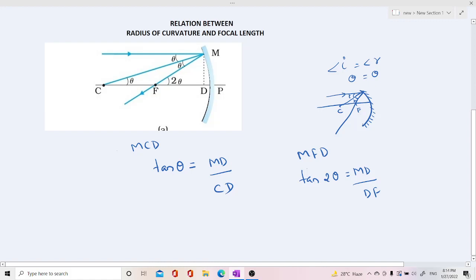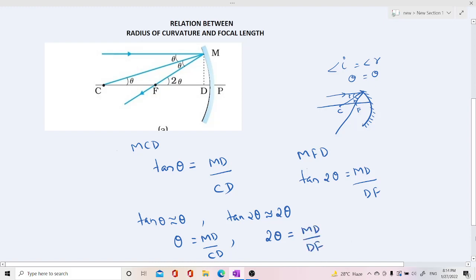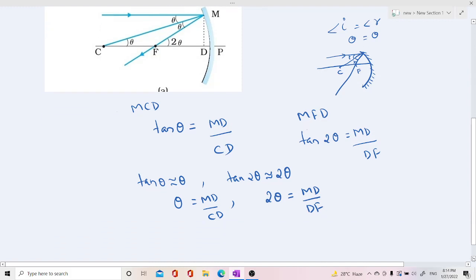In such cases, we can consider tan theta approximately equal to theta, and tan 2 theta approximately equal to 2 theta. Here we got theta as MD divided by CD, and 2 theta is equal to MD divided by DF.